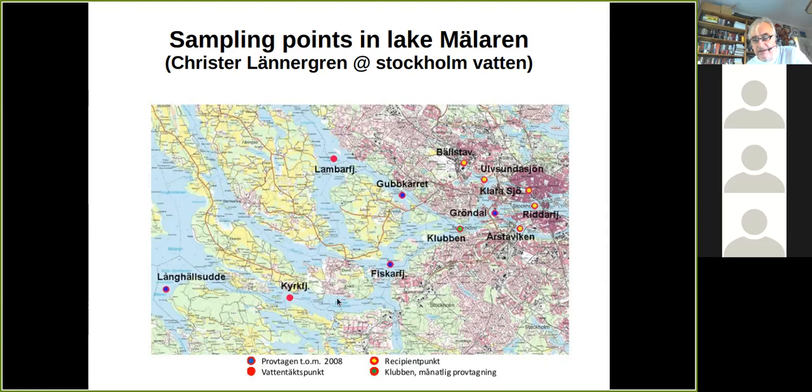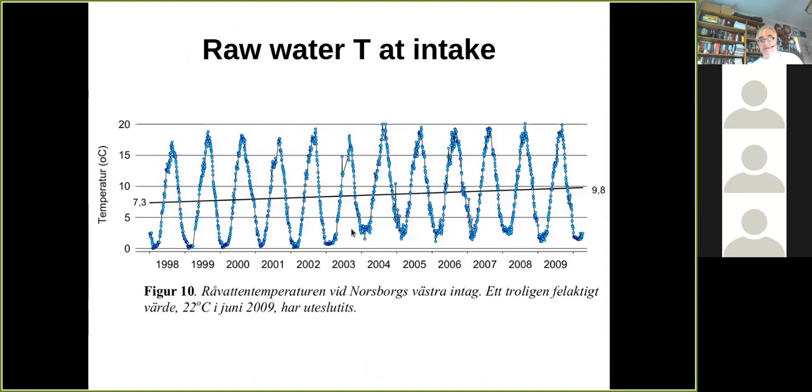Otherwise, these several different places are sampled, and water samples are taken and analyzed. And for example, the raw water intake at Norsborg freshwater plant, here's the temperature of that over a couple of years, and it seems that, where is it?